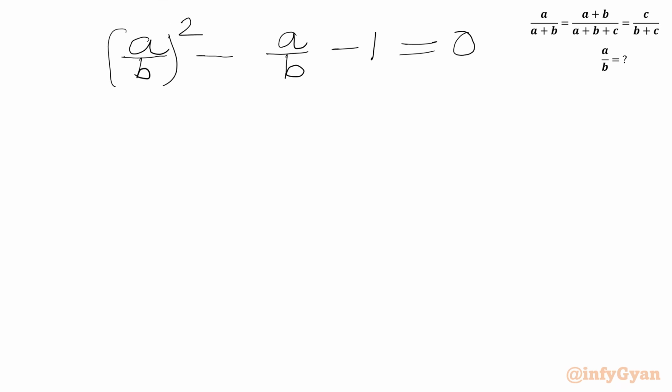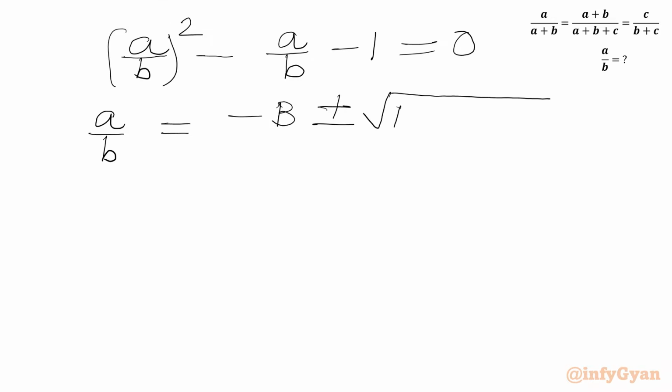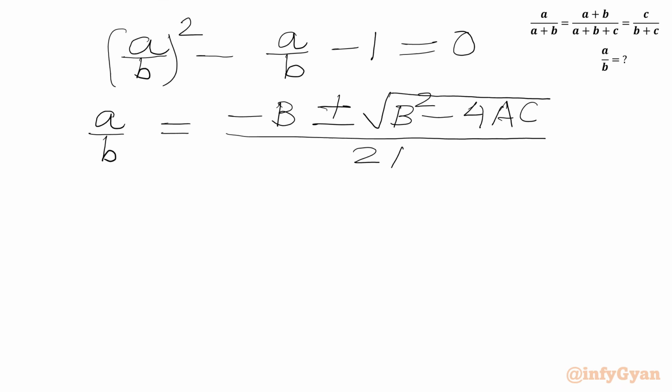Either we can assume a over b equal to some other variable x or y, or we can directly write a over b equal to the formula minus capital B plus minus square root of capital B square minus 4 times capital A capital C, divided by 2 times capital A. Here capital A is the coefficient of a over b whole square, so it is 1.